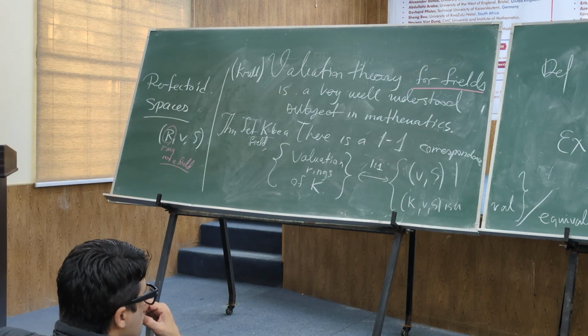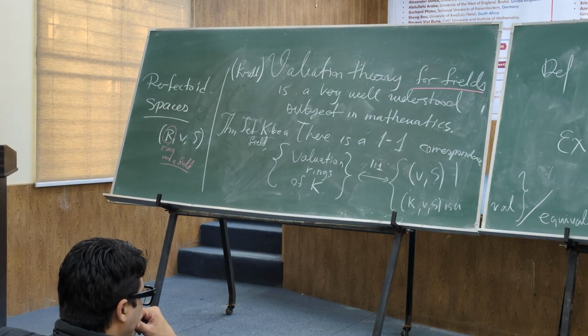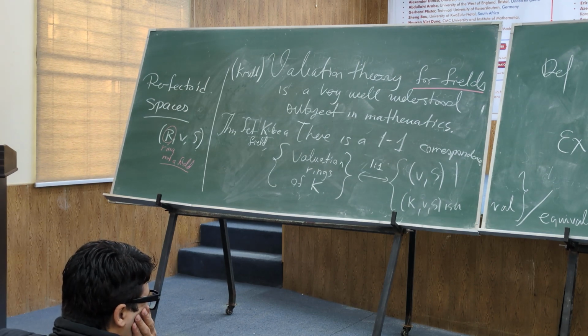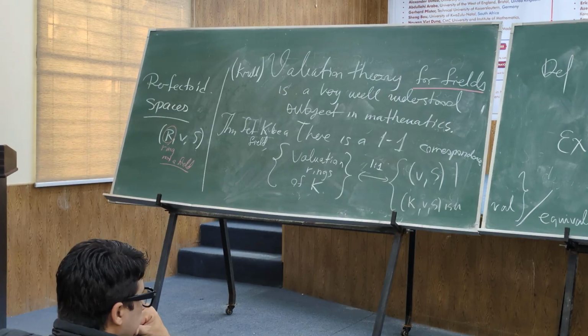Then we can use a theorem from number theory, which is Ostrowski's theorem, which says that a subring of Q is a valuation ring if and only if R is the localization of Z at a prime ideal.